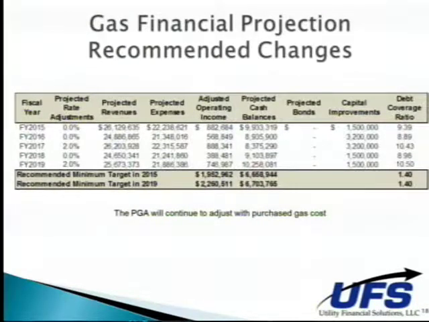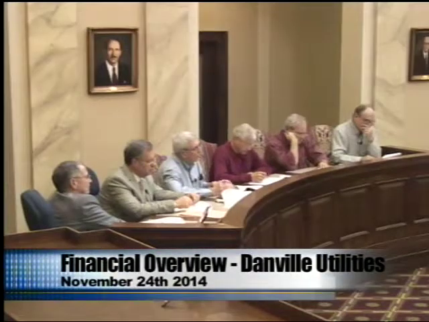That's the recommended minimum, and then you can compare that to the projected cash balances column to see if you're meeting that minimum. And the projected cash is our unrestricted fund balance. Correct, yeah.